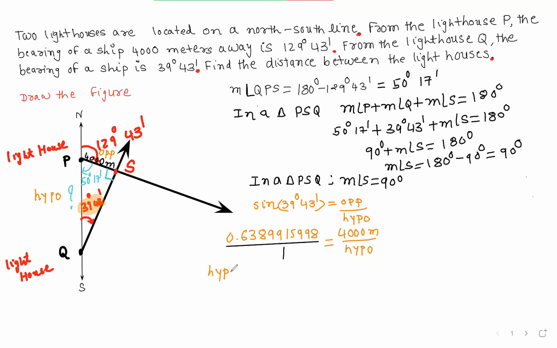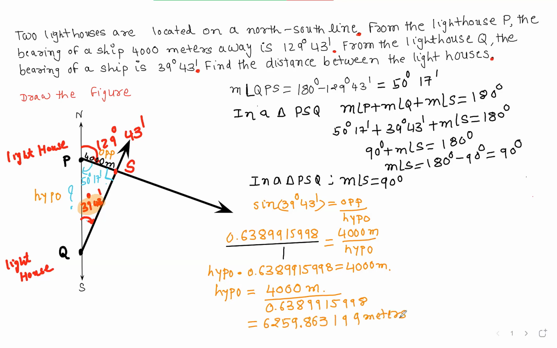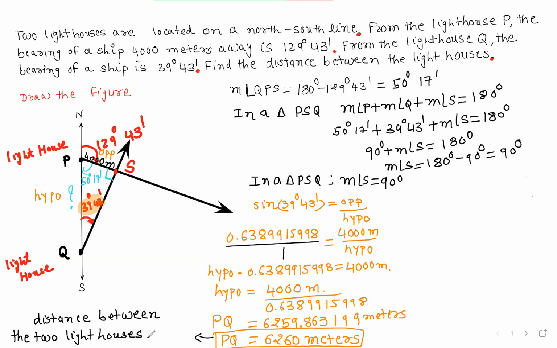So we get hypotenuse times 0.6389915998 equals 4,000 meters. We'll divide both sides by this particular value. So my hypotenuse will be equal to 4,000 meters divided by that value, in meters. So the length PQ, which is the distance between two lighthouses, will be 6,260 meters. So we can say that this one is the distance between the two lighthouses.